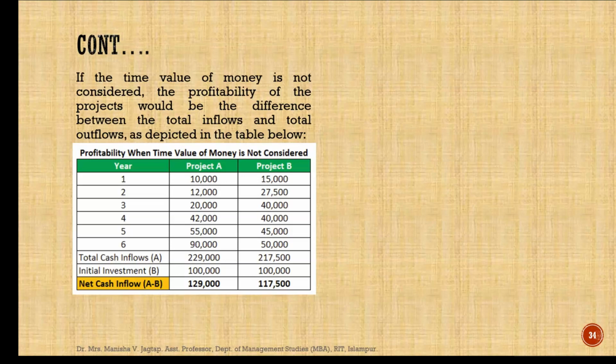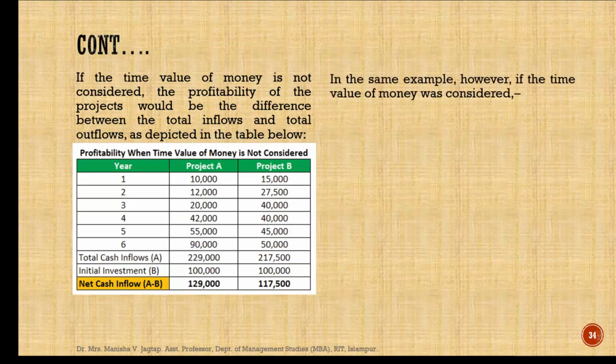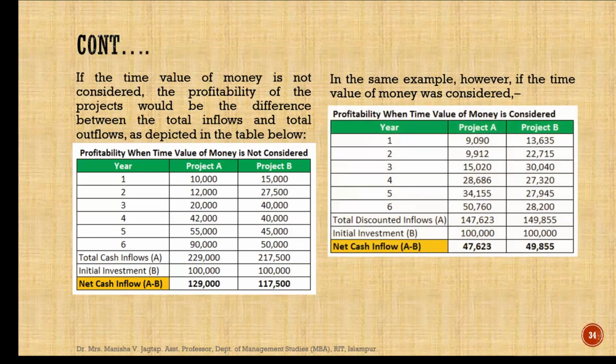Now we will see, if we apply the time value of money concept to the same example, what will be the result? So in the same example, if the time value of money is considered, this is a table of profitability when time value of money is considered.